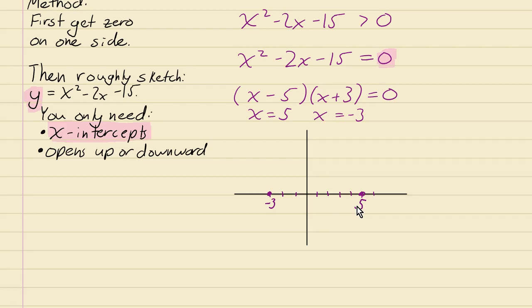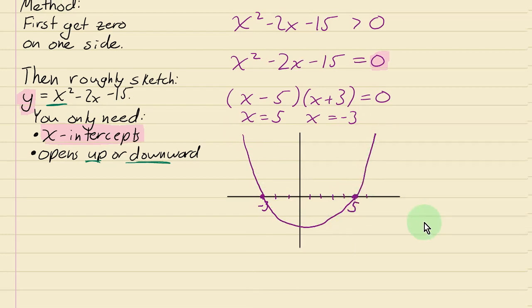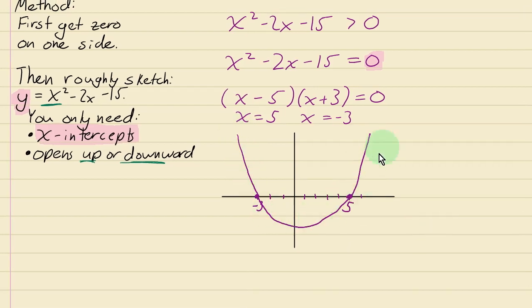The easiest way to tell that is to look at the coefficient of x squared. If it's positive, which it is here, that means it's going to open upwards. So we're going to have a graph that looks kind of like this. That's a graph of y equals x squared minus 2x minus 15.